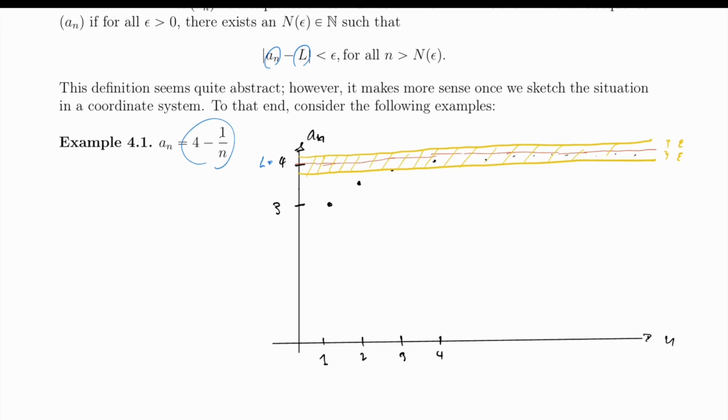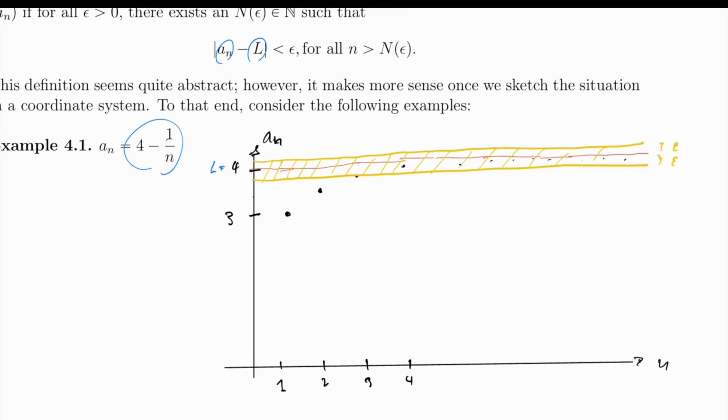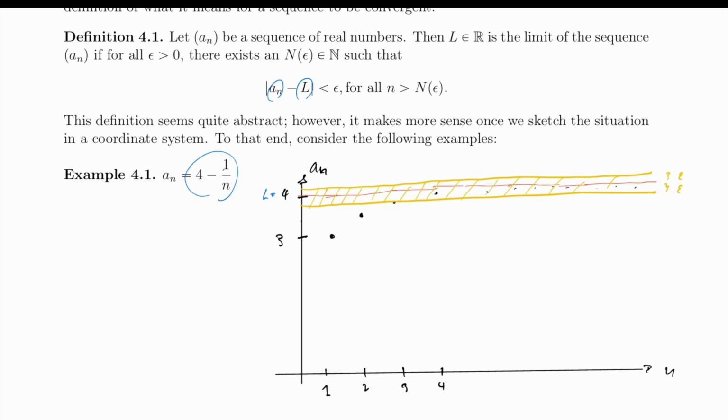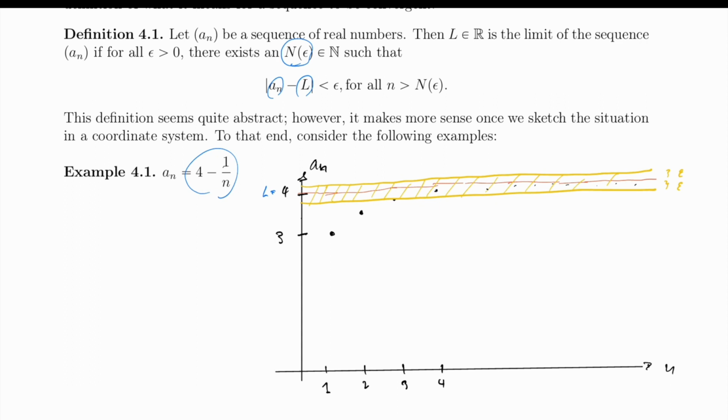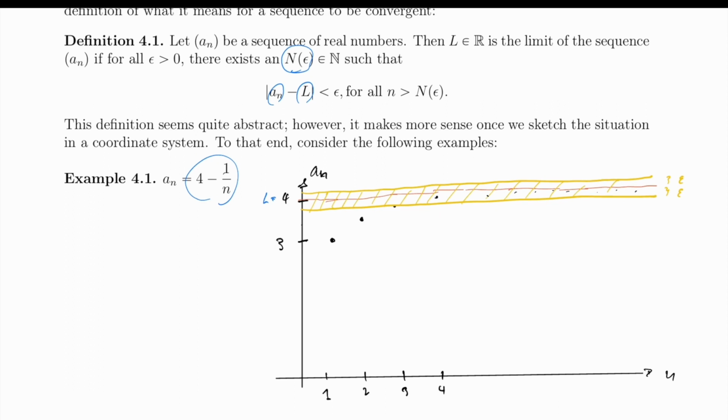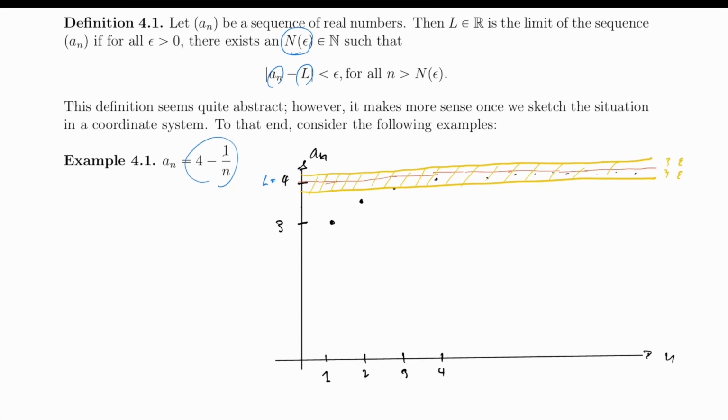And then you say, if there exists some fixed number n_epsilon such that for all elements a_n with n larger than n_epsilon, those are in the epsilon band.